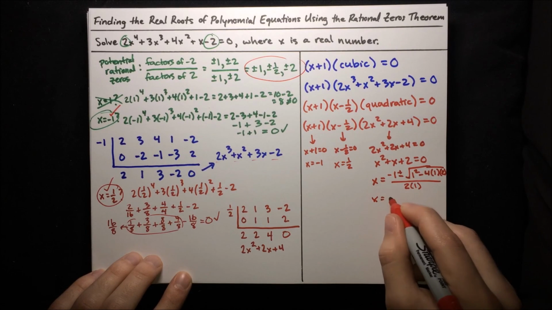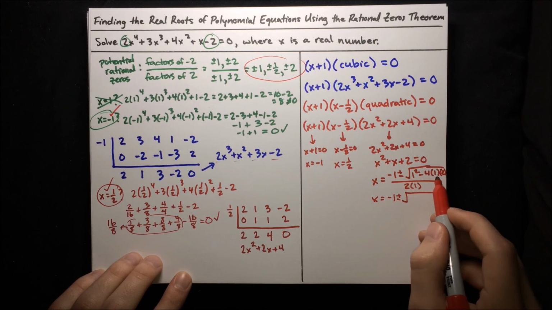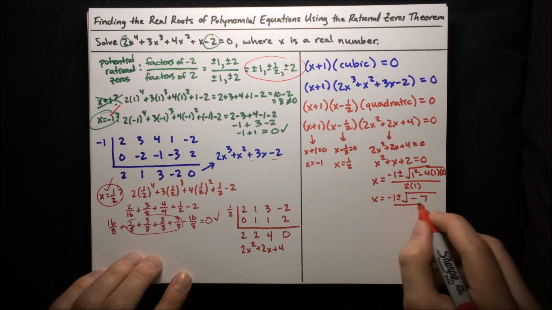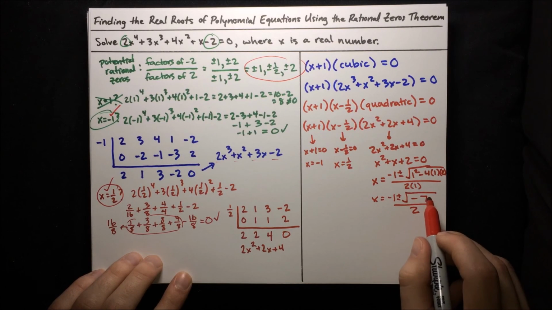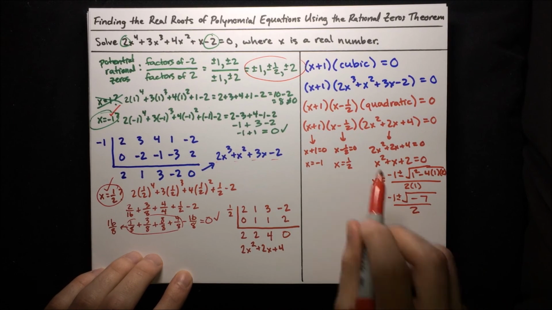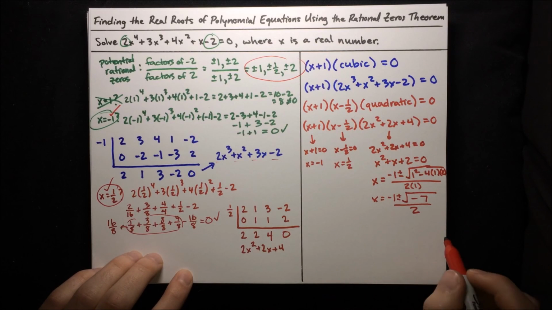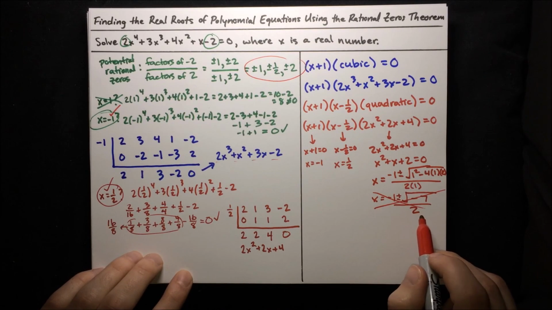So x equals negative 1 plus or minus root of 1 minus 8, which is negative 7, over 2. And ooh, that's a negative in the root sign, so that means we're going to get complex roots here, and we are only considering real numbers, so no real roots there.